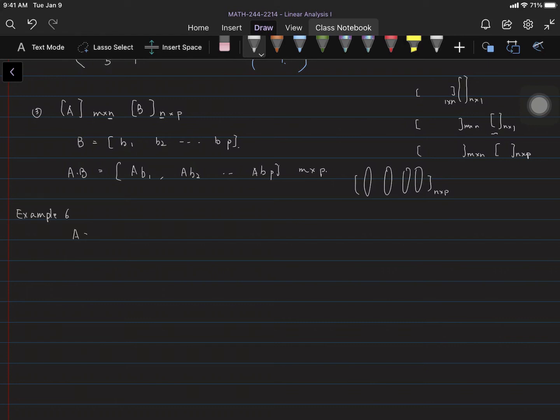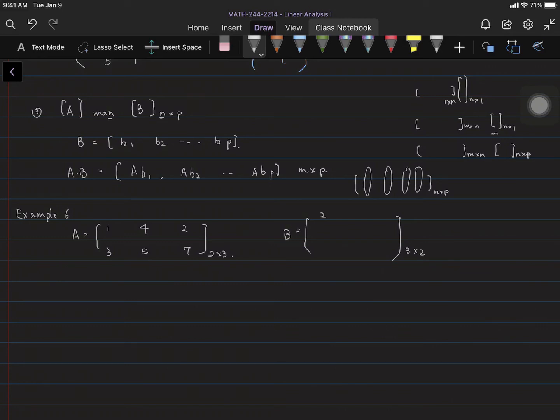We have matrix A: 1, 4, 2, 3, 5, 7. First, let's see what the size is: 2 by 3. For B, it has to be 3 by something, so 3 by 2.